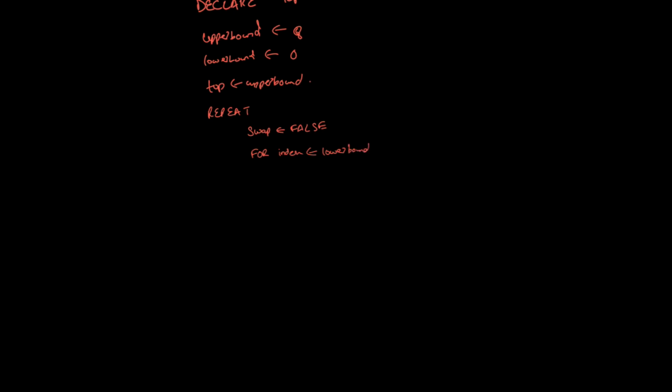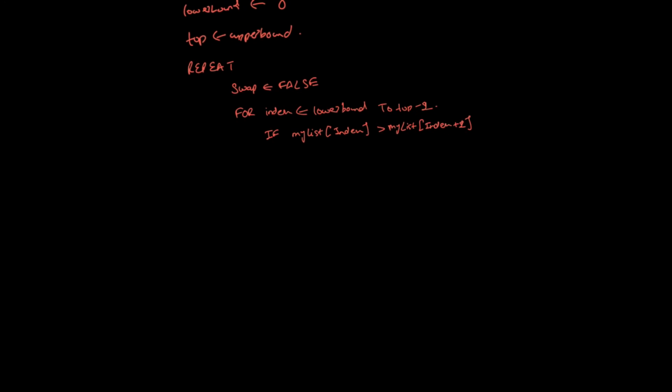So lower bound to top minus 1, and if my list index, the value at the index, is greater than my list index plus 1. This is going to check the value of the current index, and then check the value of the next index and figure out which one's greater.